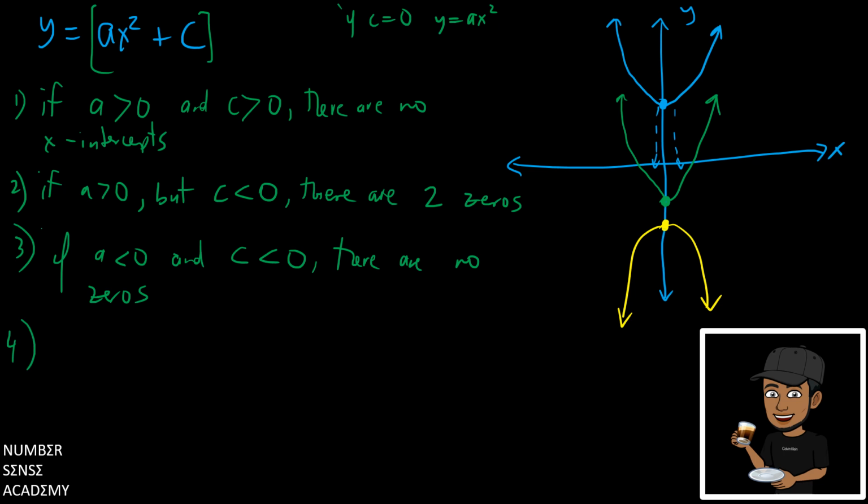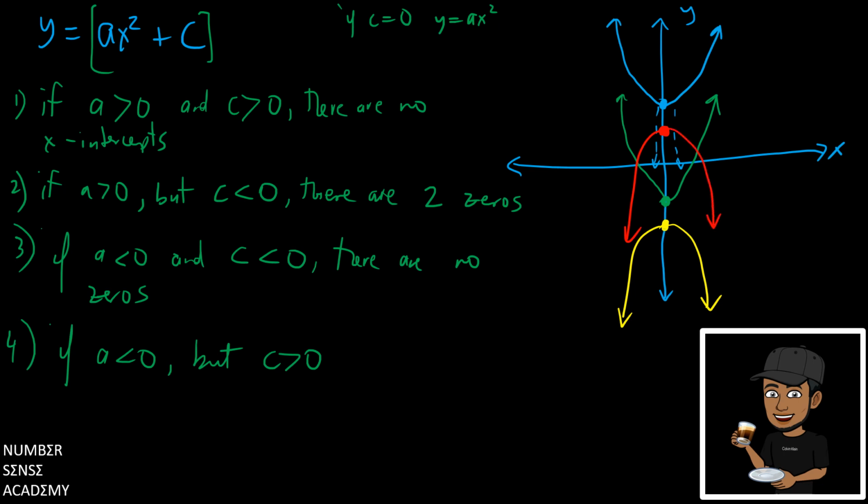And then lastly, if a is less than 0, but c is greater than 0, the graph is opening down, but c is greater than 0, so the y-intercept is above 0, so I have something that looks like this.